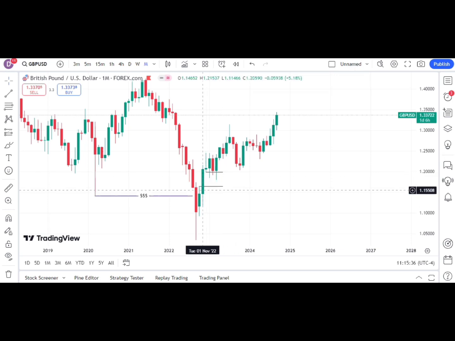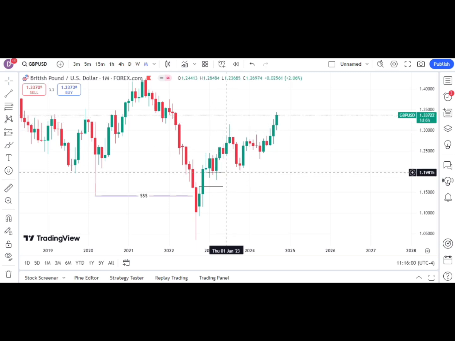As you can see, the space between this candle's high and this candle's low is a fair value gap. Price went up and came down to fill the fair value gap, and then price started driving upwards.